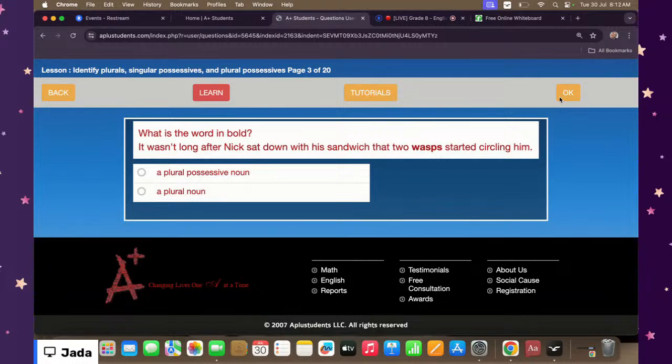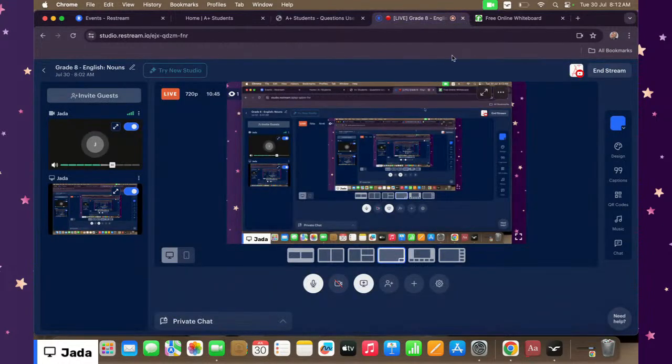Now, it's just having s. The word in bold has only s, no apostrophe, nothing. So that means it's a plural now. Okay, so if it has apostrophe s before or after the s, it just shows that it's already in the possessive form. All right.